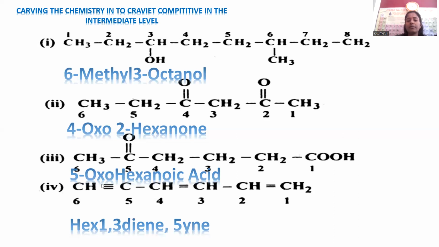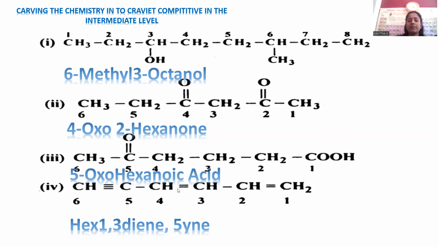Go with compound number 3, where you can find competing functional groups. One is ketone, the second is carboxylic acid. Among the ketone and carboxylic acid, a carboxylic acid will always get the priority over the ketonic one. So the 5th carbon oxo is mentioned, and the 6 carbon parent chain will be hexa. And for carboxylic acid, as per IUPAC, alkanoic acid is the general name.